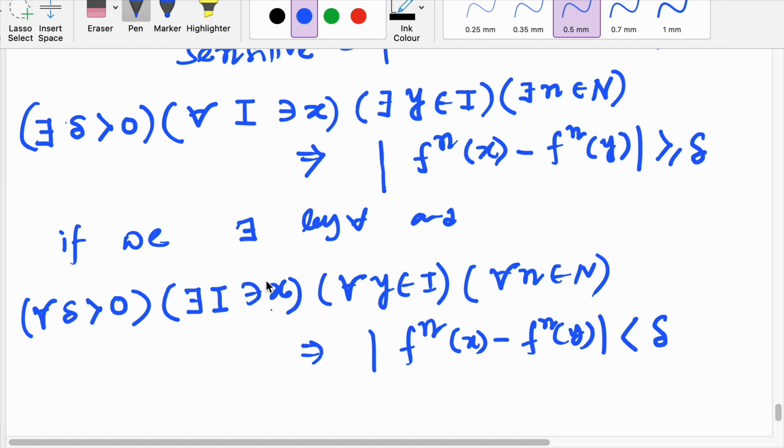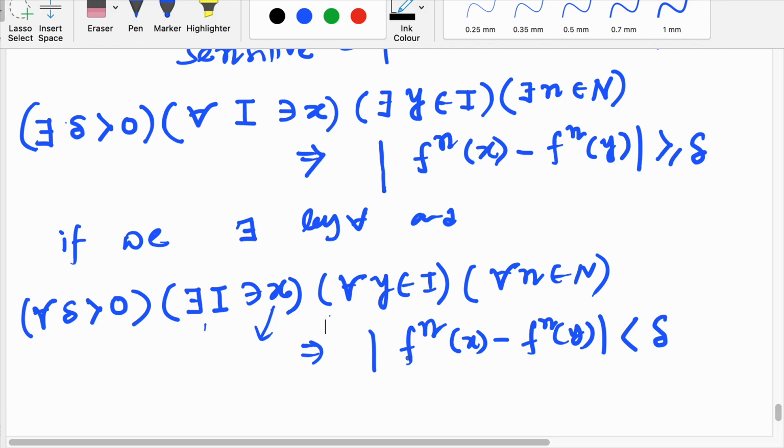If the actual reality of the system is x, but due to your measuring device and computer limitations you can only put in an approximated value y, then if it is not at all sensitive, for whatever delta I choose, I will find an interval such that any point from that interval will remain very close to x. That is called Lyapunov stability.